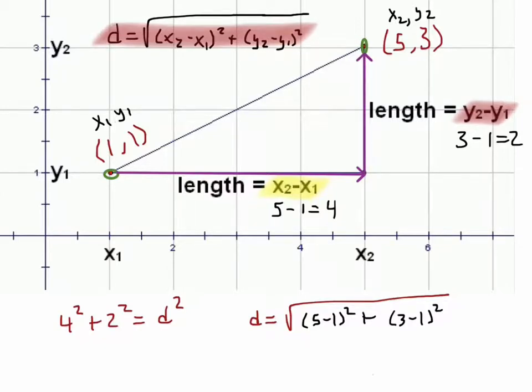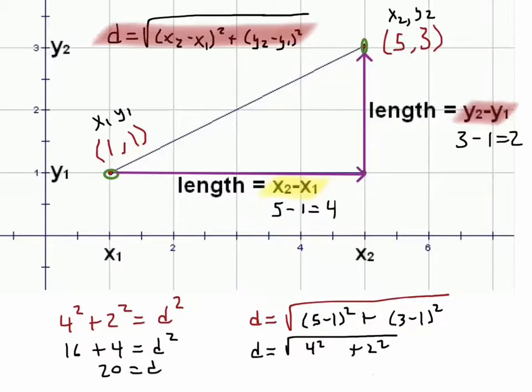Both answers will hopefully be the same. And d equals the square root of 4 squared plus 2 squared. And you should start seeing that it's the same. This will be 20 equals d squared. So d equals the square root of 20. Same thing.